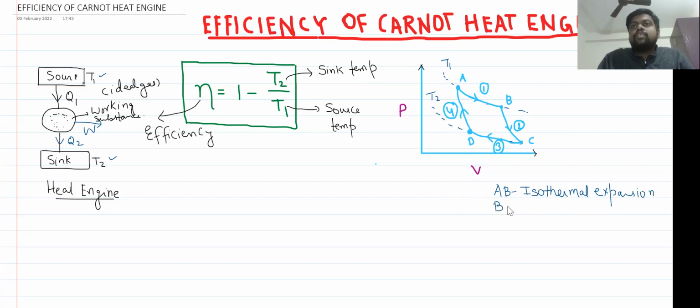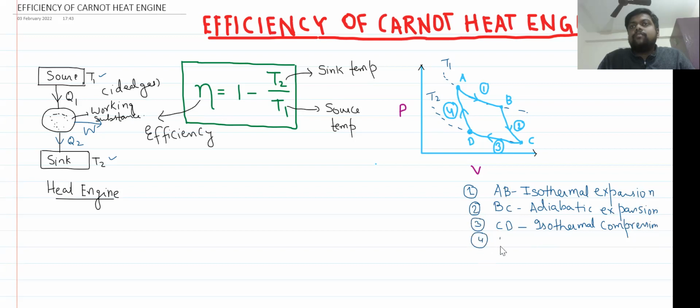From B to C, it will be adiabatic expansion, and from C to D, it will be isothermal compression, and the last step, this is the first step, this is the second step, this is the third step, and the fourth step will be from D to A, which will be adiabatic compression.